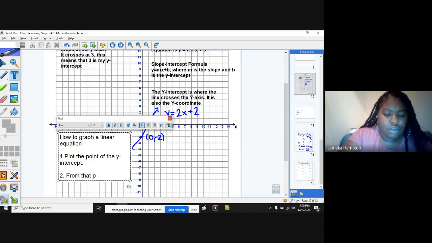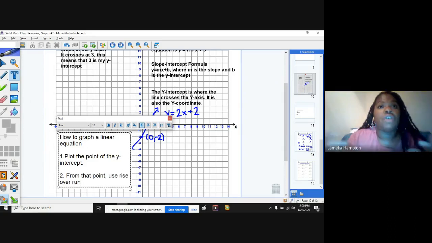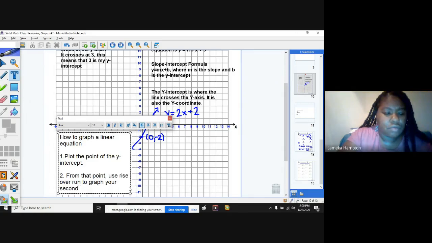From that point, use rise over run, which is also slope. Rise over run is just another way of explaining slope. From that point, use rise over run, graph your second coordinate.